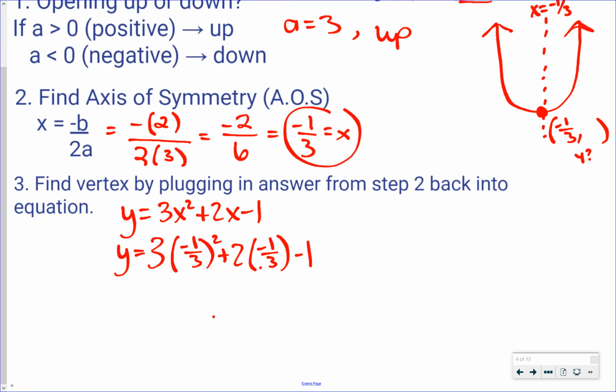All right, let's simplify. We need to do exponents first. Negative 1/3 squared, remember, that's the same thing as negative 1/3 times negative 1/3, which gives me 1 over 9. That becomes 3 times 1 over 9.